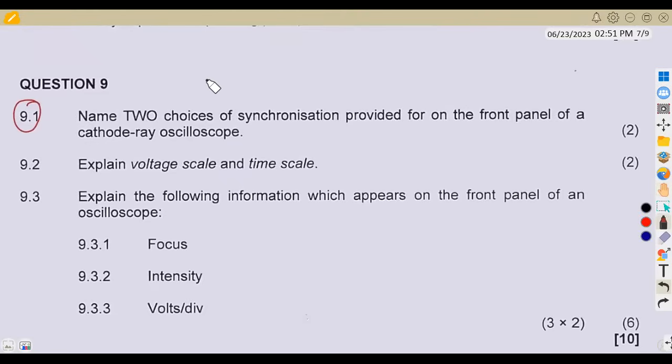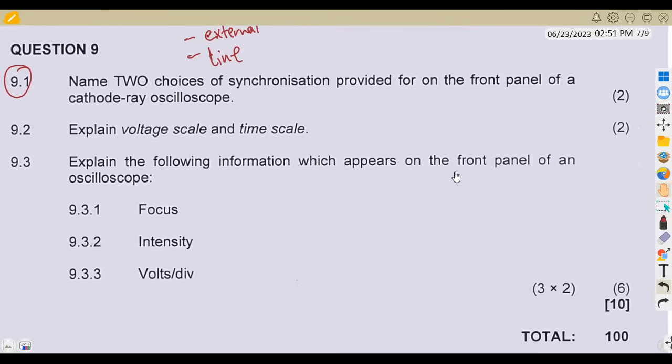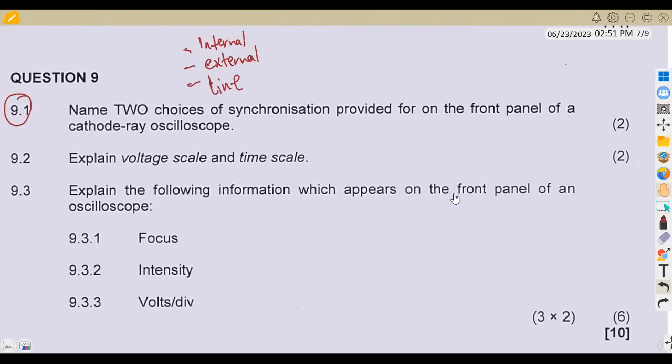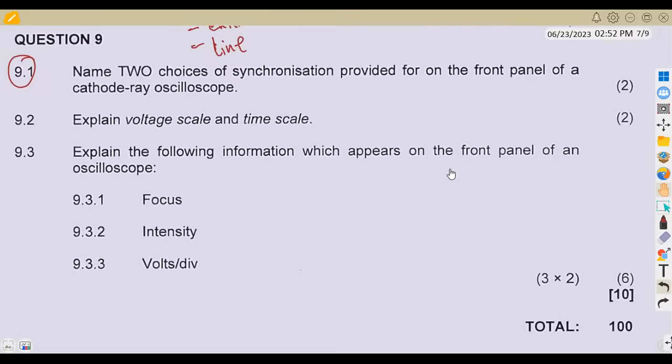In this case we have the internal. We also work with the external and the line. So from these 3, we can just pick 2 to answer this question.